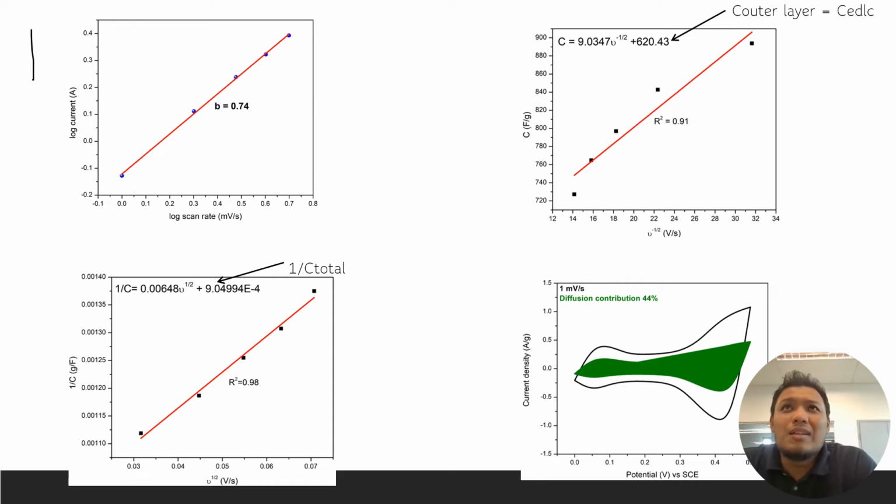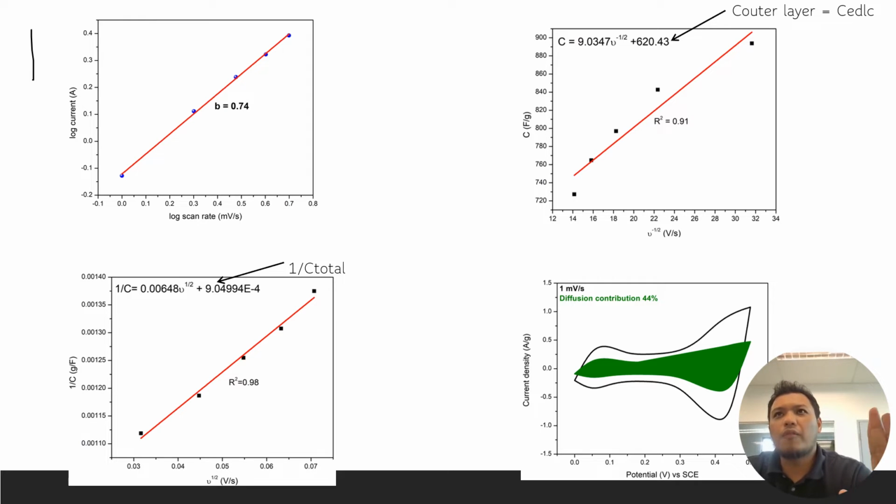The b-value is just to screen your material, to see what your material undergoes. When I plot log scan rate, in millivolts per second, against log current, with the y-axis in amperes, what I observe is a b-value of 0.74.